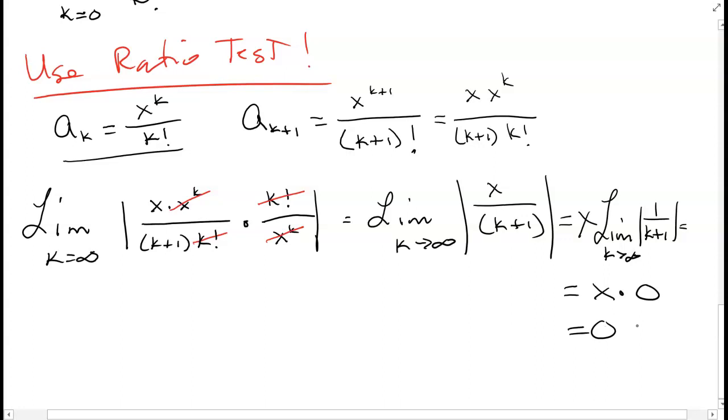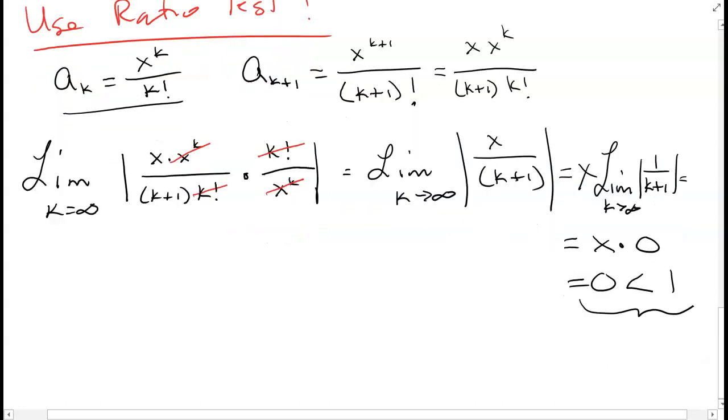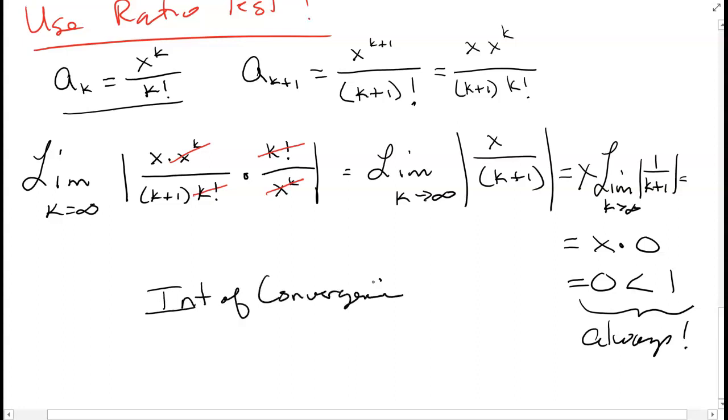With the ratio test, we have to determine when is it less than 1. Well, there's no x there anymore, so 0 is always less than 1. So if 0 is always less than 1, it is always convergent. So that means your interval of convergence is negative infinity to infinity.